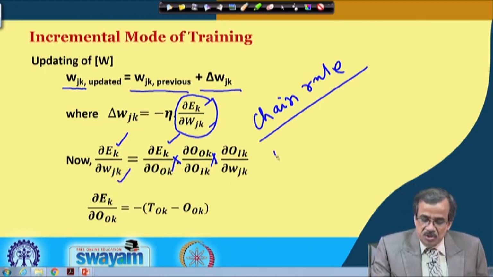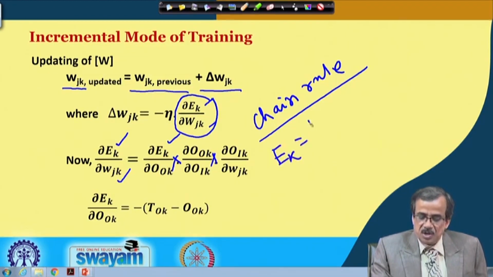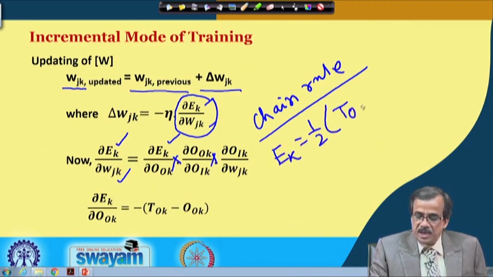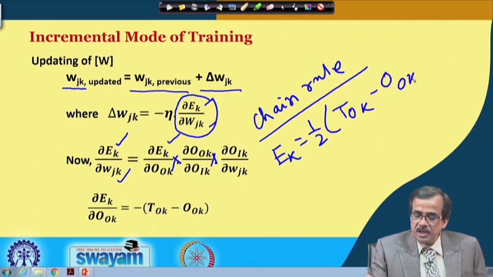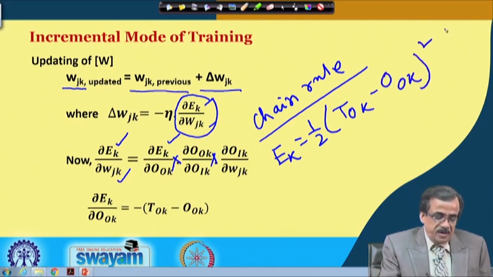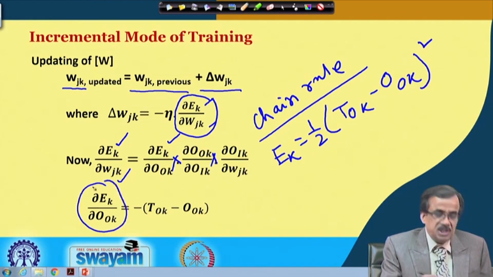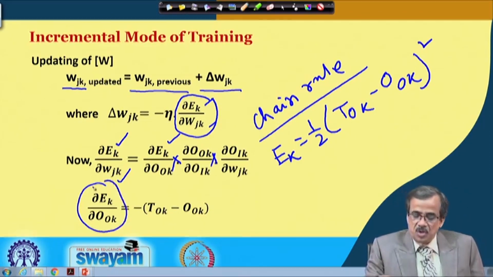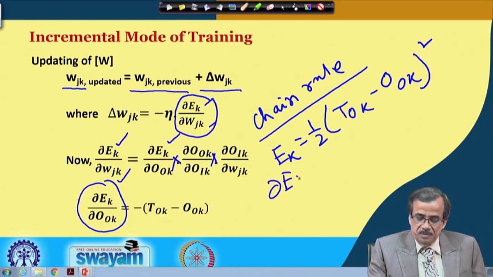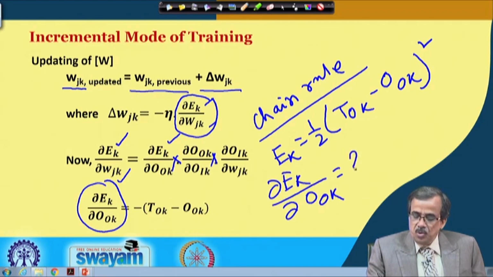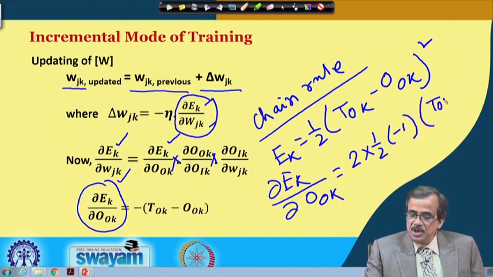Now, here this Ek is nothing but half (TOk minus OOk) whole square. Now, if I try to find out the partial derivative with respect to this OOk, I will be getting del Ek del OOk is nothing but 2 multiplied by half multiplied by minus 1, then comes (TOk minus OOk).